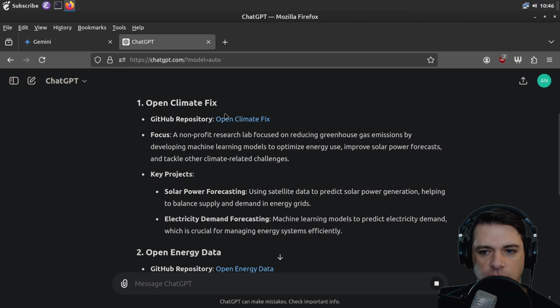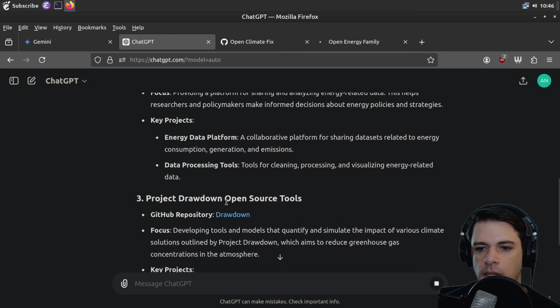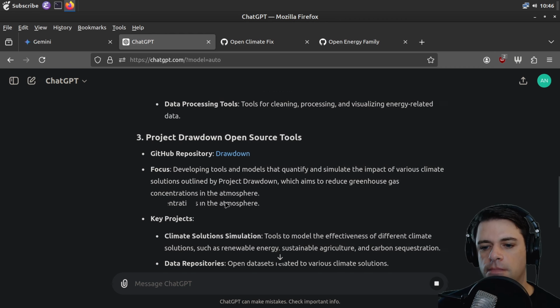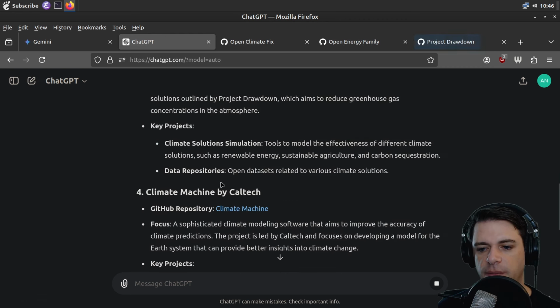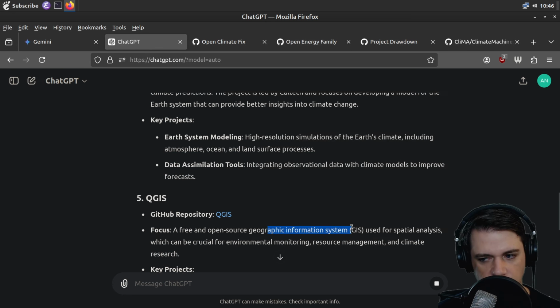So Open Climate Fix, I guess we'll open this. Open Energy Data. Drawdown, Project Drawdown. A lot of these seem like there may be data repositories. Climate Machine. QGIS. I'm guessing that, yeah, okay, so GIS, Geographic Information System.